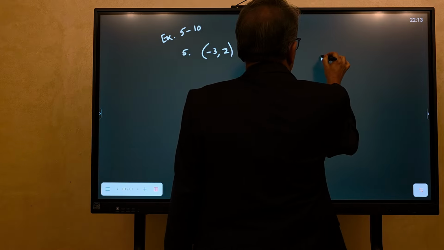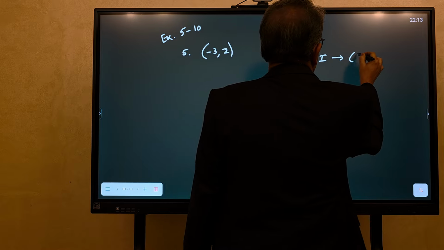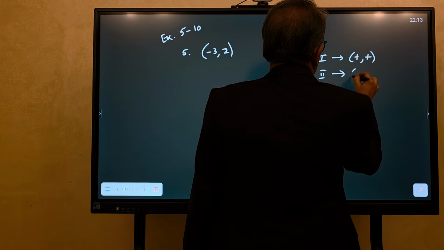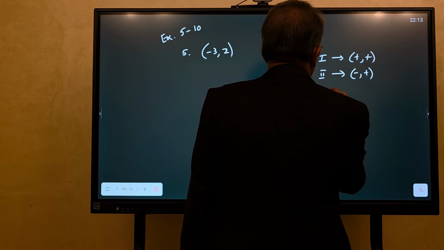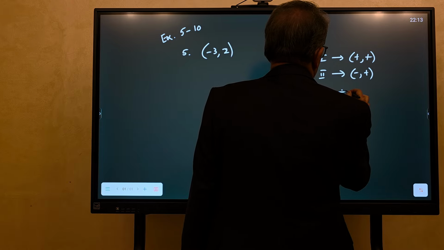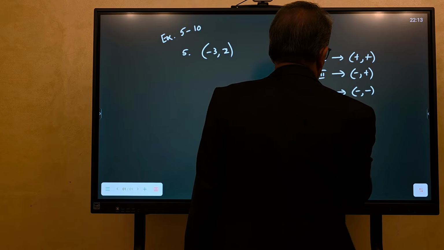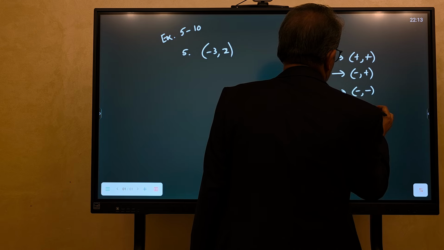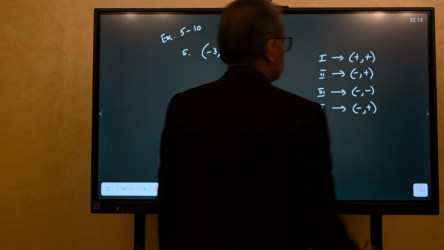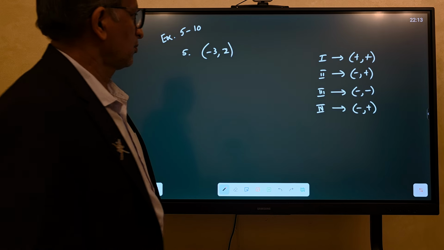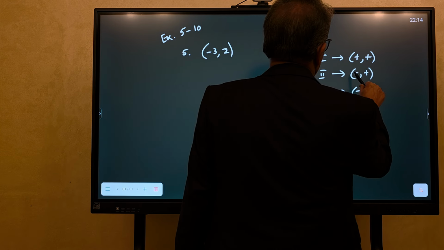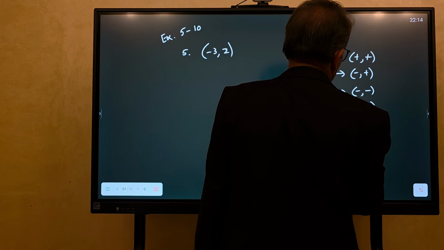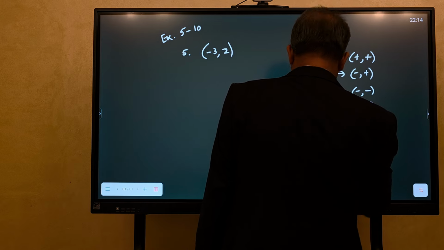If it is the first quadrant, you know that it is plus plus. If it is in the second quadrant, it is minus plus. If it is in the third quadrant, it is minus minus. If it is in the fourth quadrant, then it is plus minus.